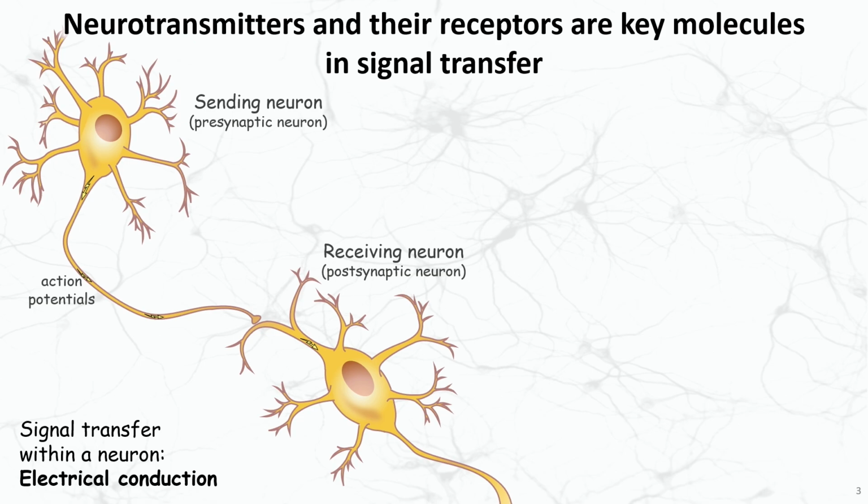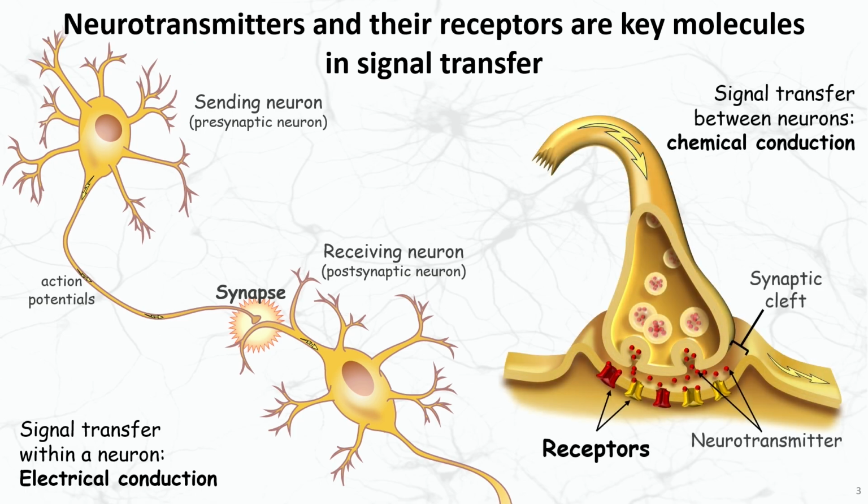Many people, when you talk about connectivity, think about the axons and the fiber tracts and so on. But what they forget is that within the brain, signal is transferred by two mechanisms. Within a neuron, you've got action potentials, but whenever you reach the synapse, the two neurons are actually not physically connected with each other.